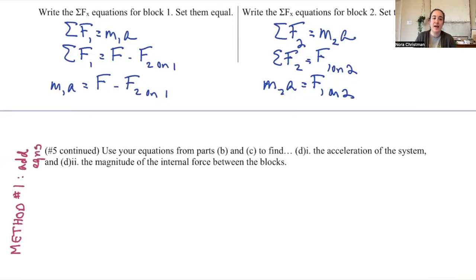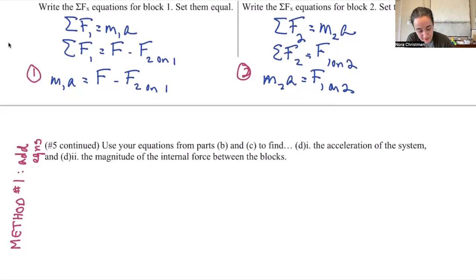In method 1, we're going to add up the two equations. So let's say this is equation 1 and this is equation 2. We're going to start by adding the net force equations 1 and 2 together.